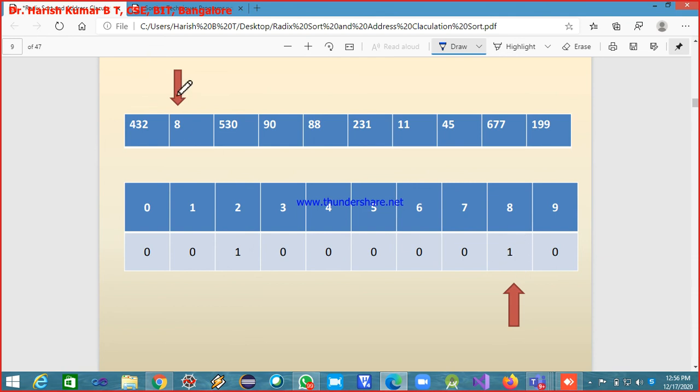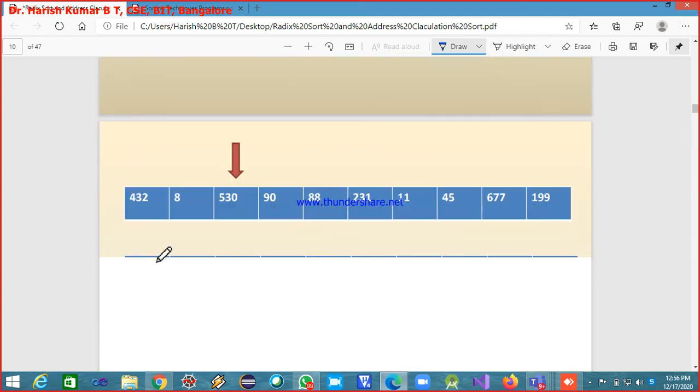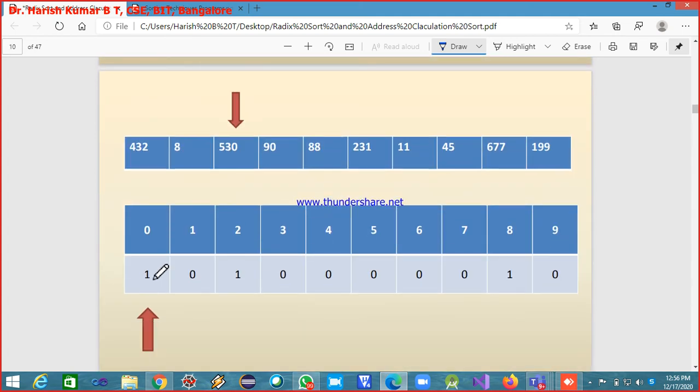Now I continue. I move one more step towards the right, and the next element I am encountering is 530, and in this I have 0 as the digit in the ones place. Now I should be incrementing the counter associated with the 0th index. This is 0, now it gets changed to 1.